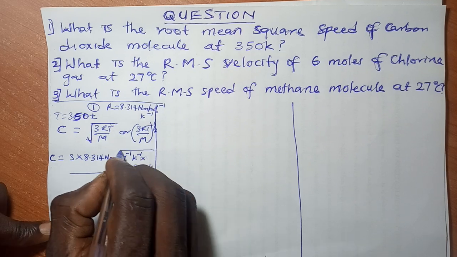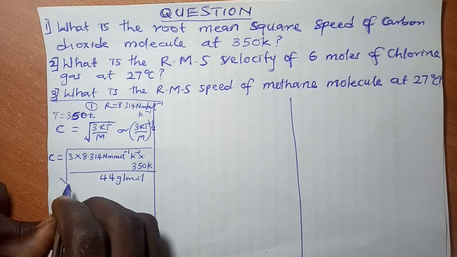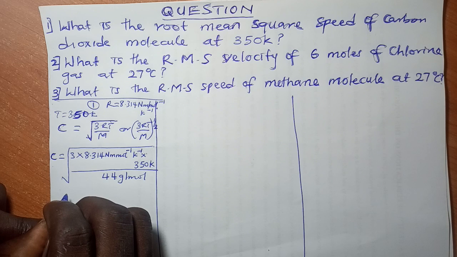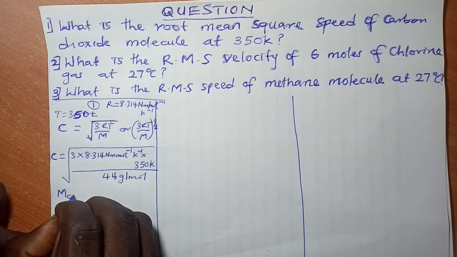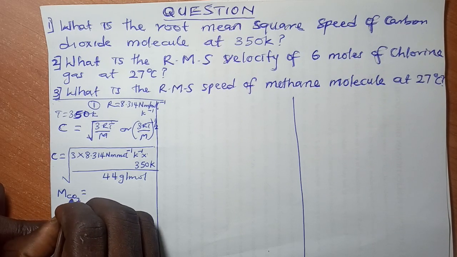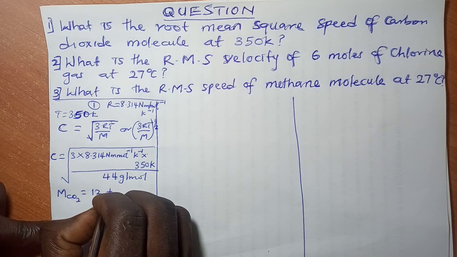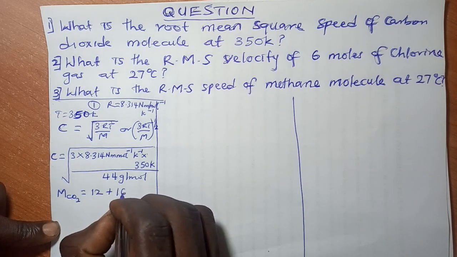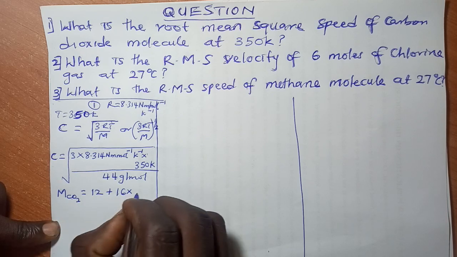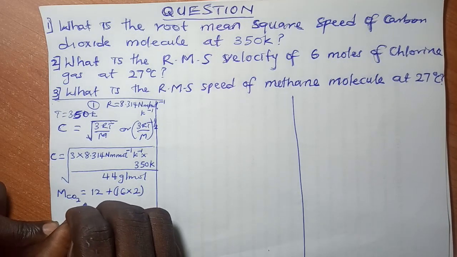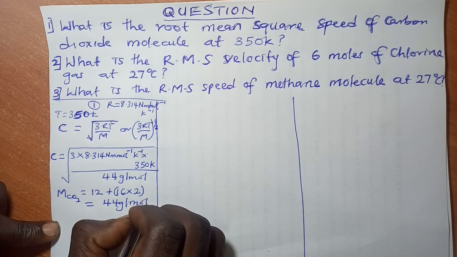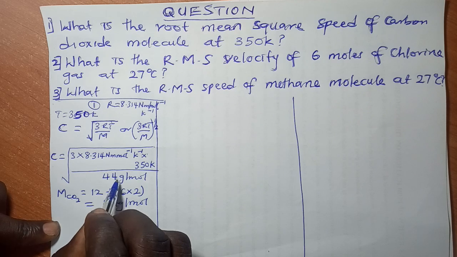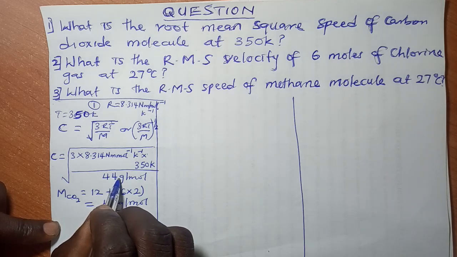Remember all is in the square root, but for one who may not know how to calculate molecular weight, carbon is 12 plus oxygen is 16, multiplied by the atomicity of 2, giving you in all 44 gram per mole. This is why I have 44 gram per mole here.